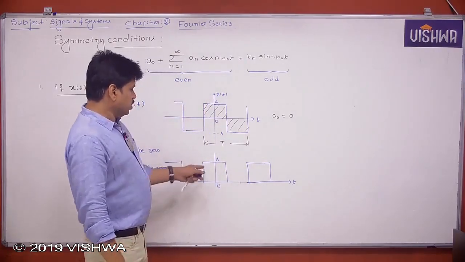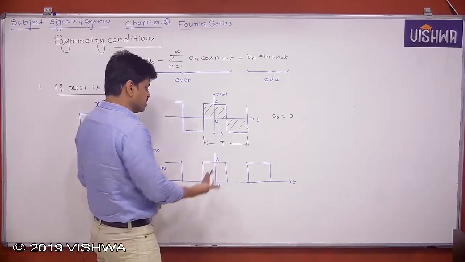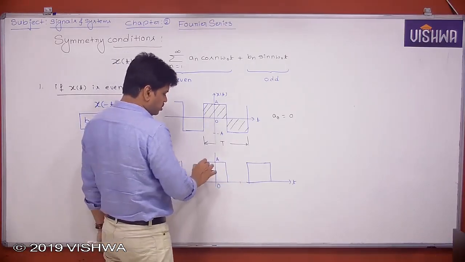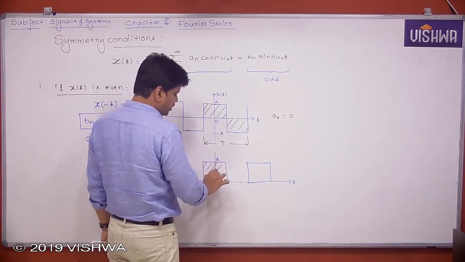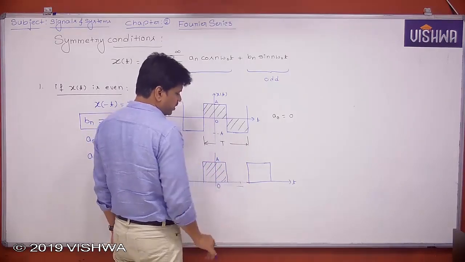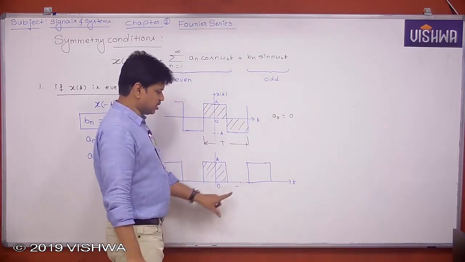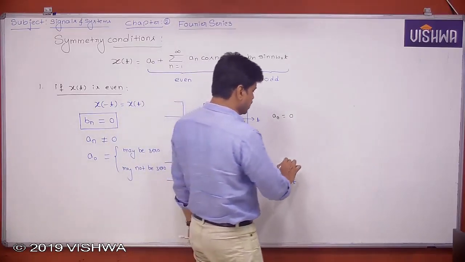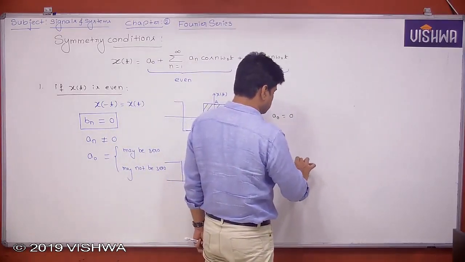Now, is it an even signal? Of course, even signal, because if you fold it, again you are going to get the same signal. But we have only positive area here, we don't have any negative area. So they cannot cancel each other. So are we going to get A0 value or not? Yes, definitely A0 value is not equal to 0.